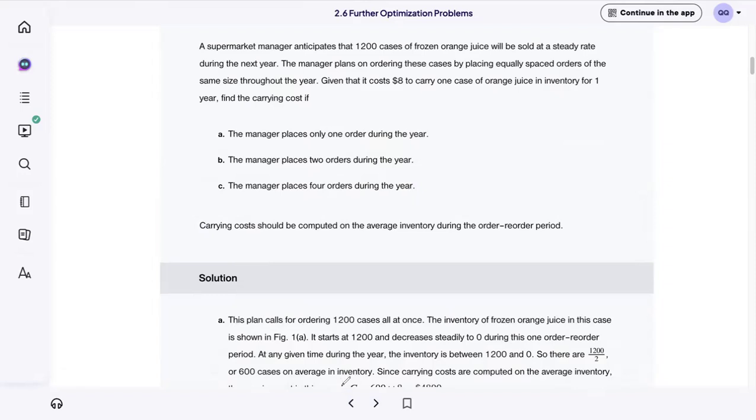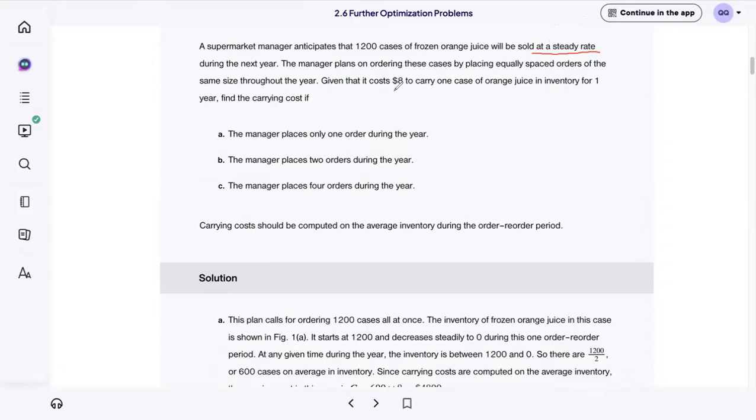Let's see this example. A supermarket manager anticipates that 1,200 cases of frozen orange juice will be sold at a steady rate. The rate does not change during the next year, so we can imagine this as a linear function. The manager plans on ordering these cases by placing equally spaced orders of the same size throughout the year.